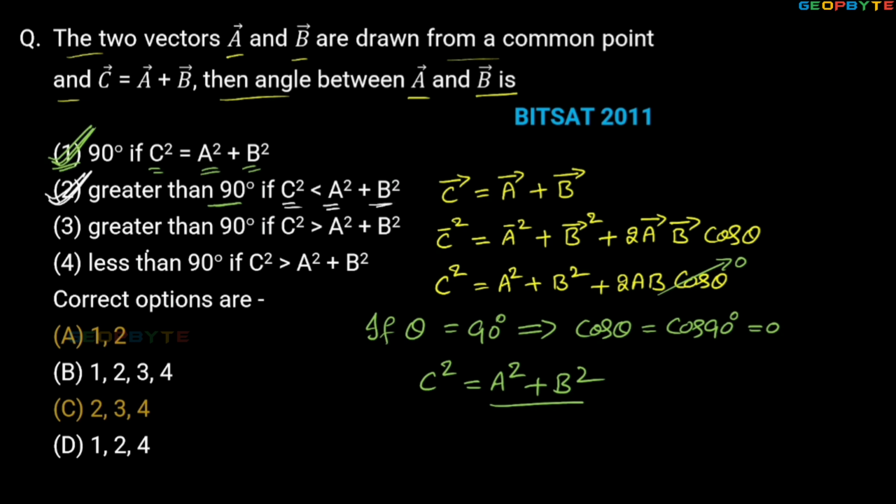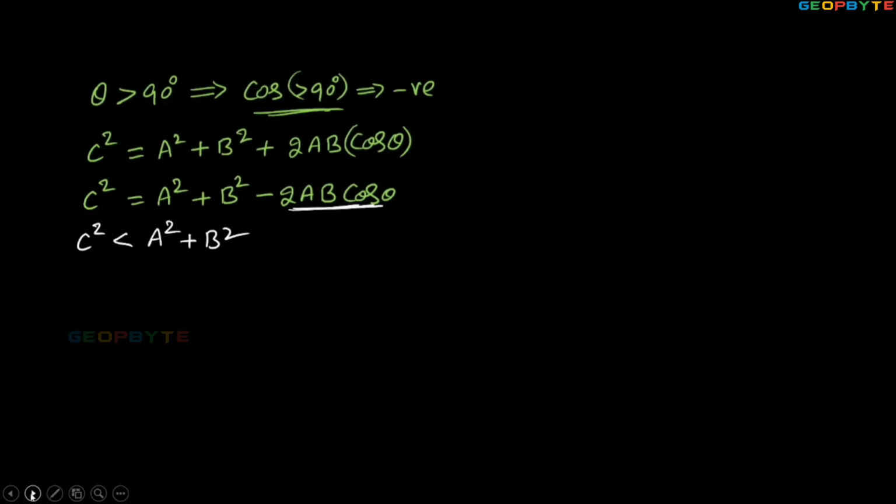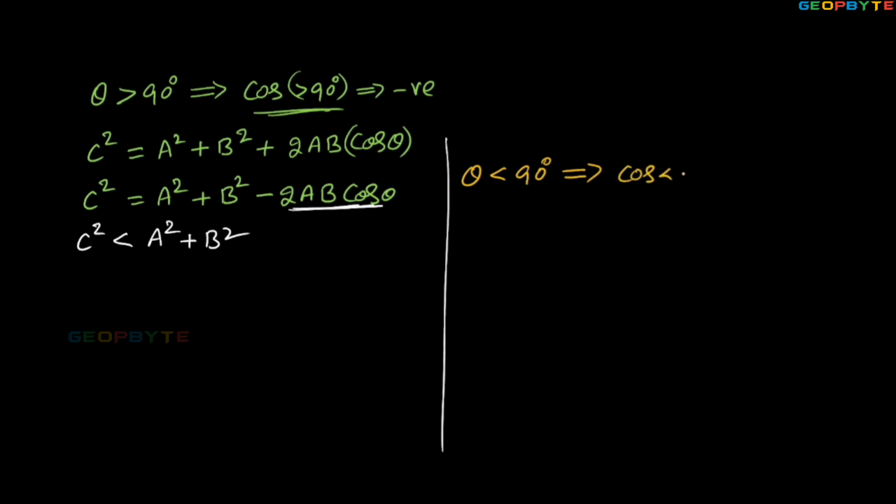Similarly, for theta greater than 90 degrees, C square greater than A square plus B square is absolutely wrong. We proved that C square is less than A square plus B square. Now let us take the case theta less than 90 degrees. Theta less than 90 degrees means cos theta is always positive.